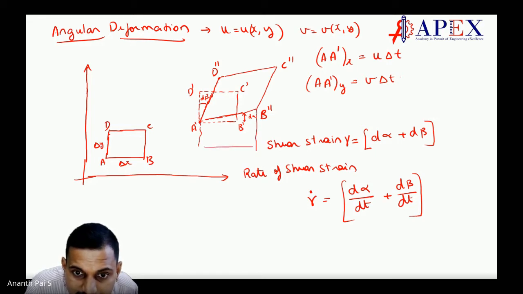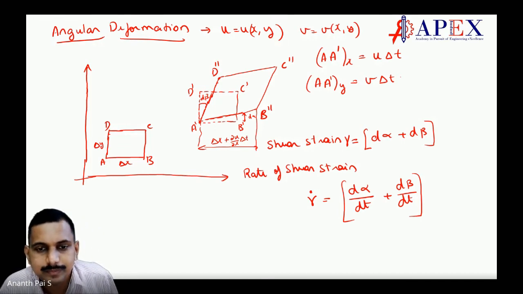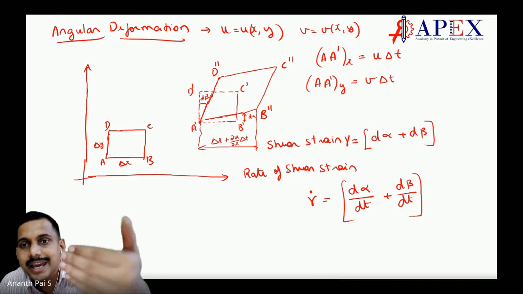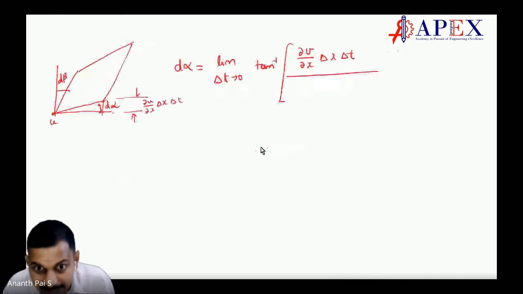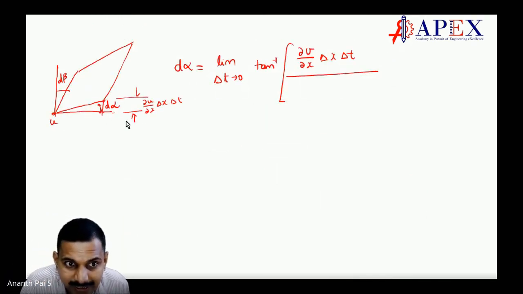This size would be delta x plus dou u by dou x into delta t. Agreed, students? That would be the size, is it not? A dash, B double dash in the x direction, correct? So that is what we have to take. This and this, is it not?